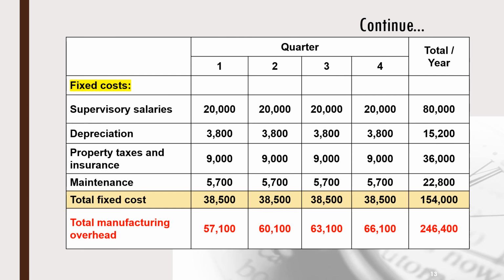And for quarter 4, 66,100. So the grand total manufacturing overhead equals 246,400. If you calculate vertically or horizontally, the total manufacturing overhead must be the same, that is 246,400.